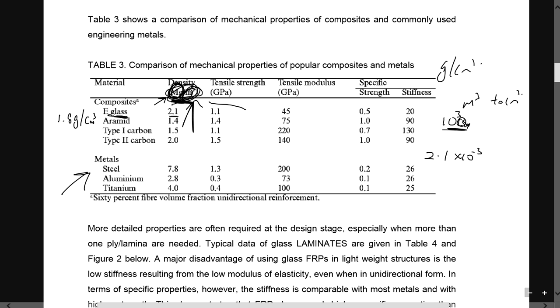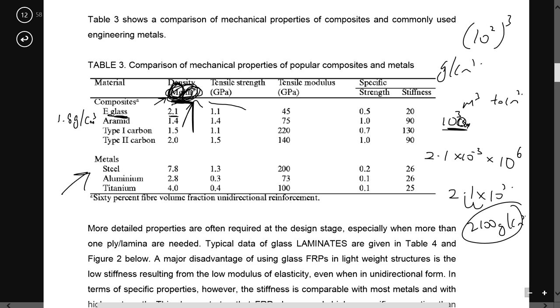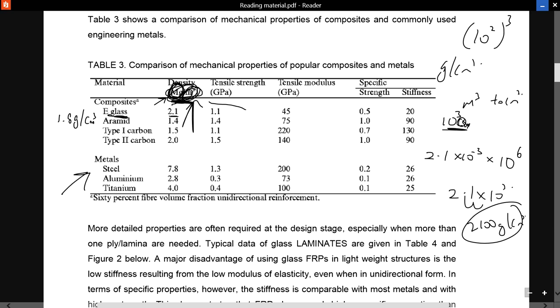Therefore you need to multiply by 10 to the power of 6, because it's 10 to the power of 2 and this is in terms of cube. So we have 2.1 times 10 to the power of 3, which is 2110 grams per cm cube. So big. I'll leave you to think about it. You need to know how to convert.